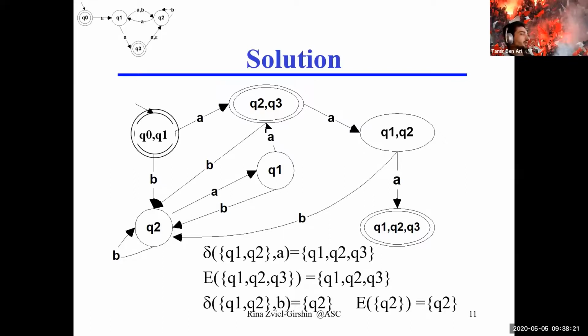Okay. If in your new state, even one state is an accepting state, the whole new state is an accepting state. Same for the beginning, Q0, the same from the Q1.